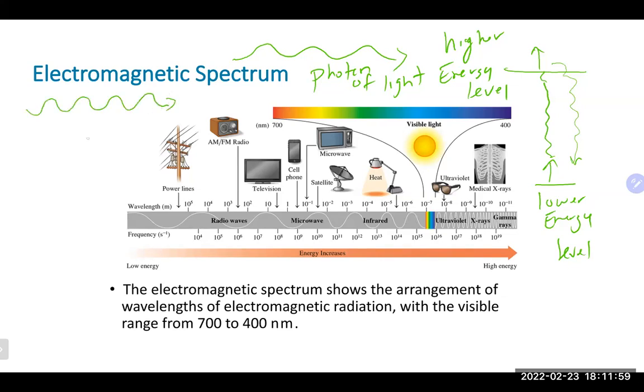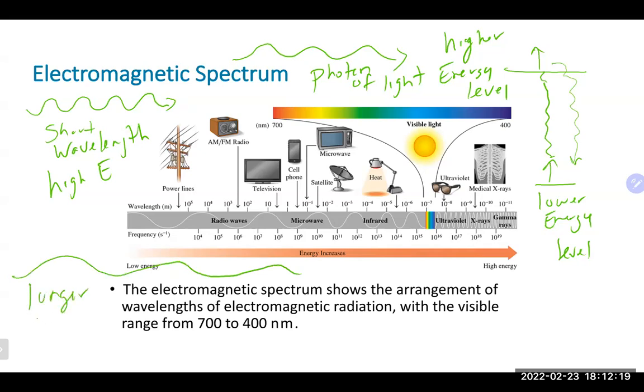If we have a wave that has a short wavelength, it will have a very high energy and also a high frequency. It occurs a lot. If we have a wave that's a little bit more stretched out, with a longer wavelength, it usually has a lower energy associated with it.